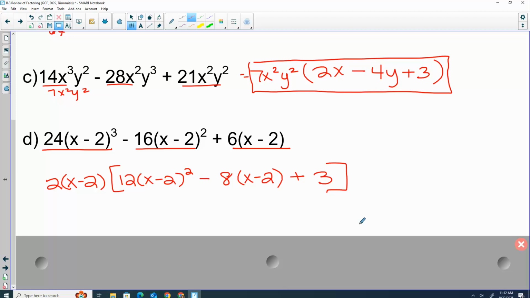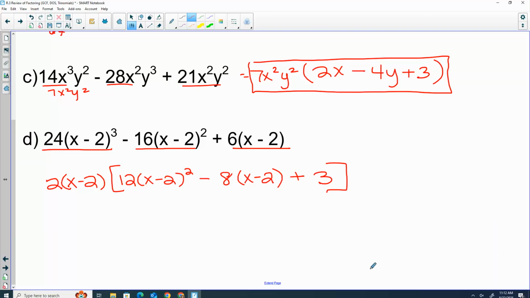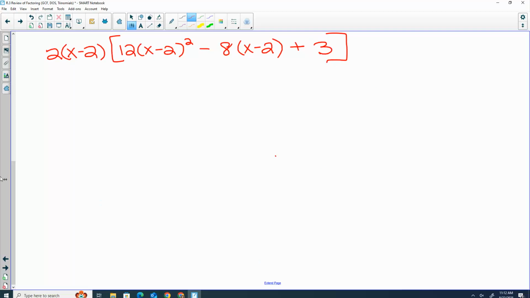Okay. There are other things I could do on this problem. I could multiply everything out, but I didn't ask you to go that far. I want to put another one up here for us to look at.